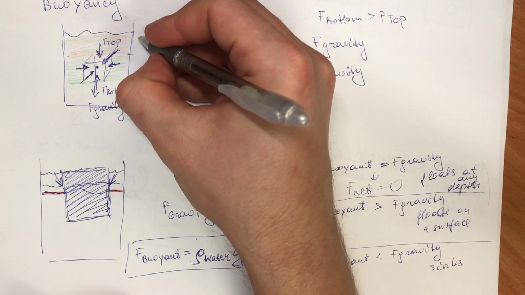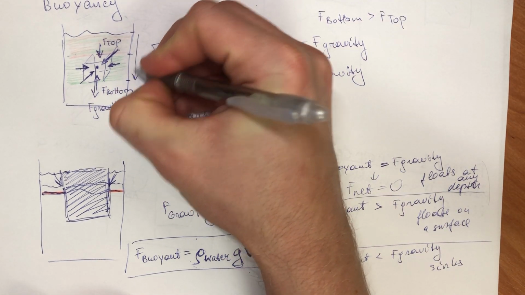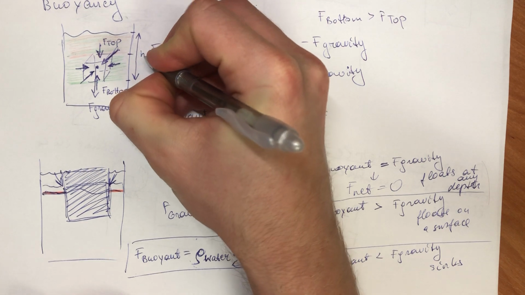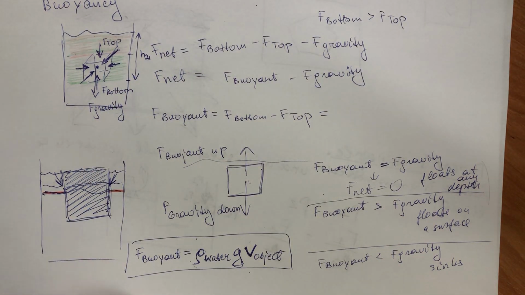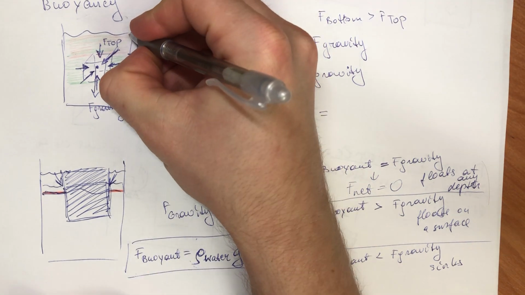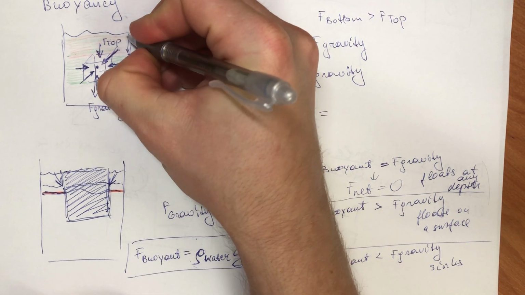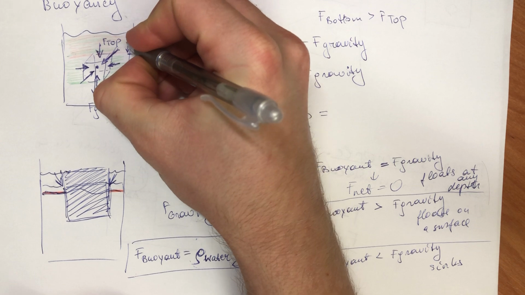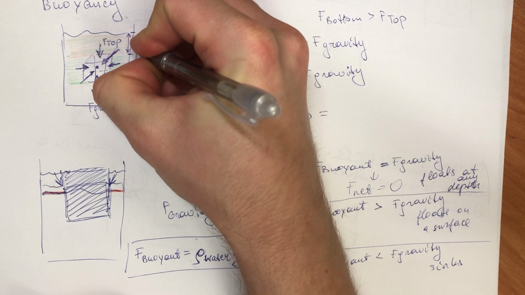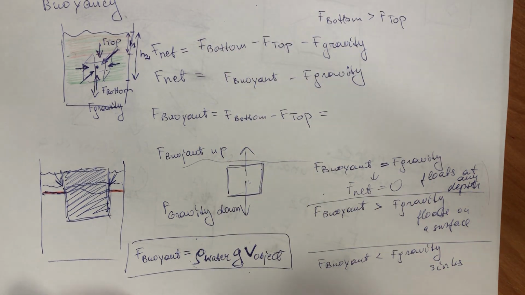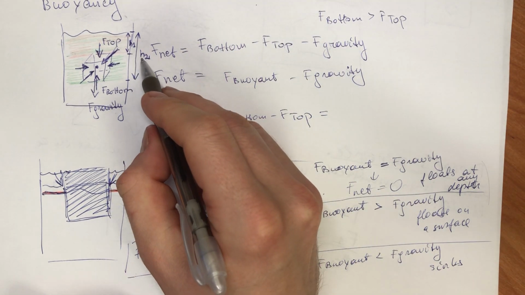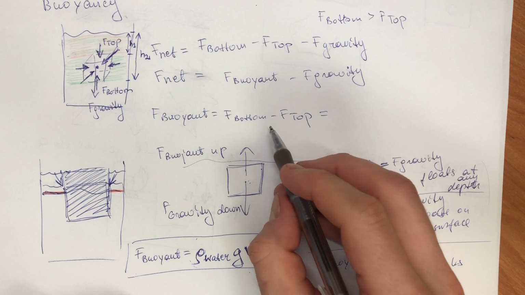H2 would be here, this height. This would be H2, and this smaller height would be H1. So H1 is the smaller one and H2 is the bigger one.